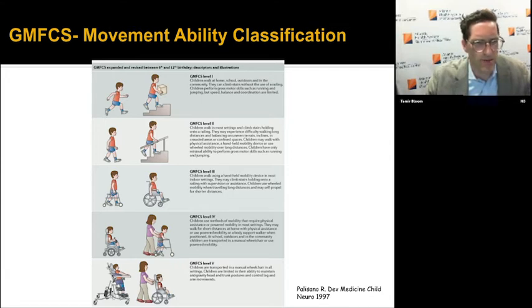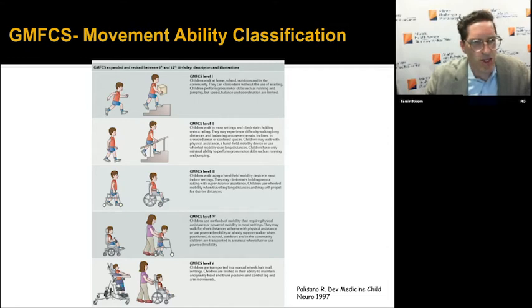And what they found is that their motor level stratified into 5 different levels. These levels are consistent throughout development. They are stable, and they've been demonstrated to be valid and reliable.